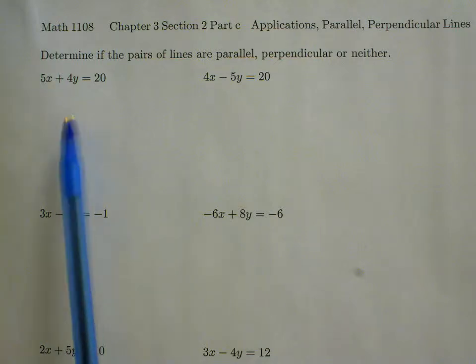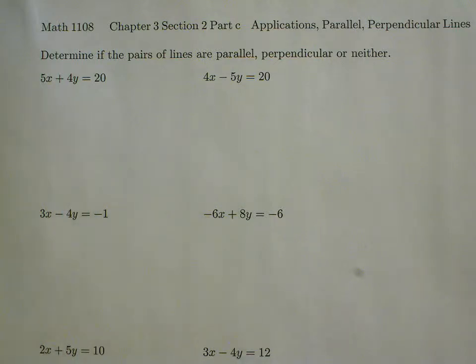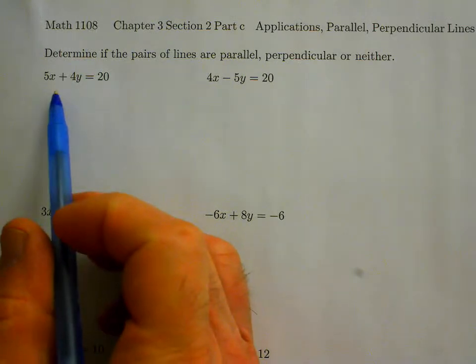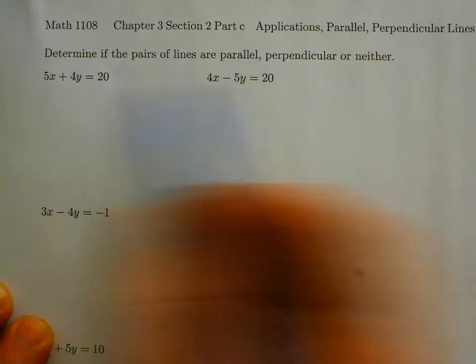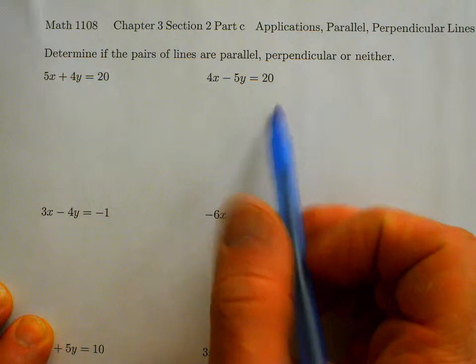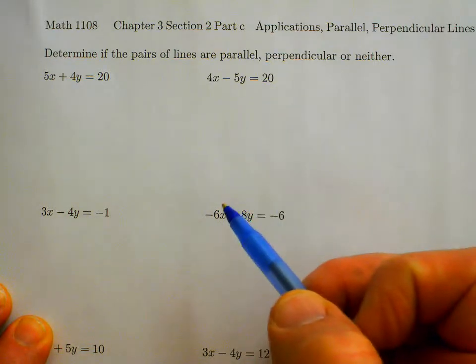We can rewrite each of those two equations so that they are in slope-intercept form, the y equals mx plus b form. And then all we would have to do is look at the coefficient of x in each of the two equations, because that will be the slope. So let's rewrite each of those two equations so that each one is in y equals mx plus b form.